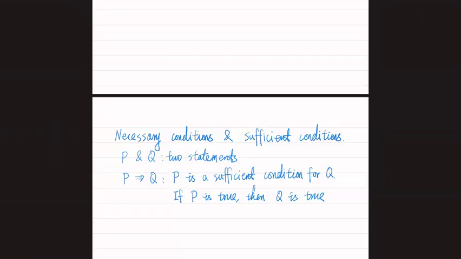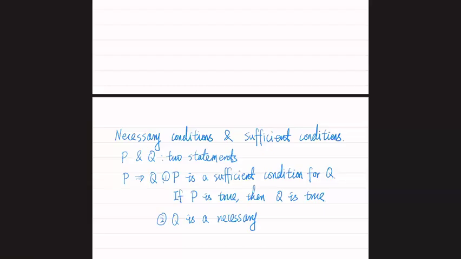Now, for Q to be true, P may or may not be true. We cannot go the other way. Wait, what about the converse?